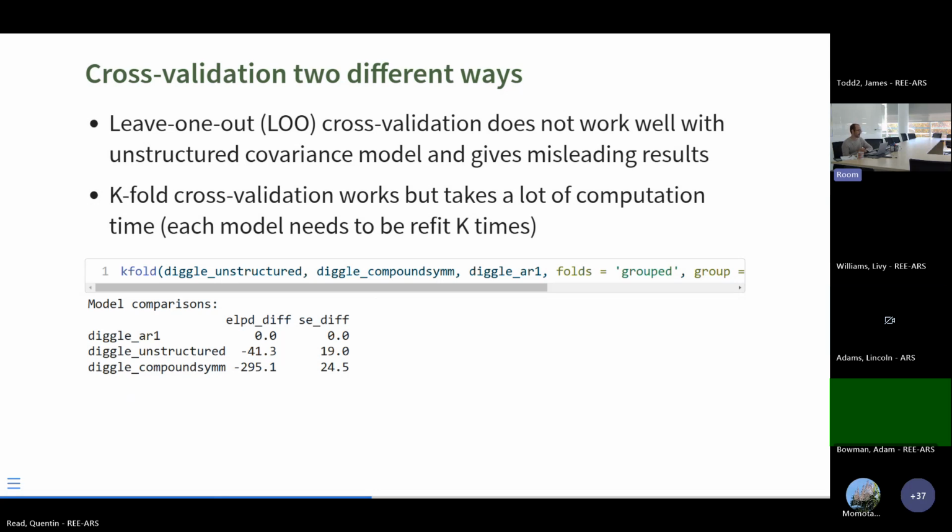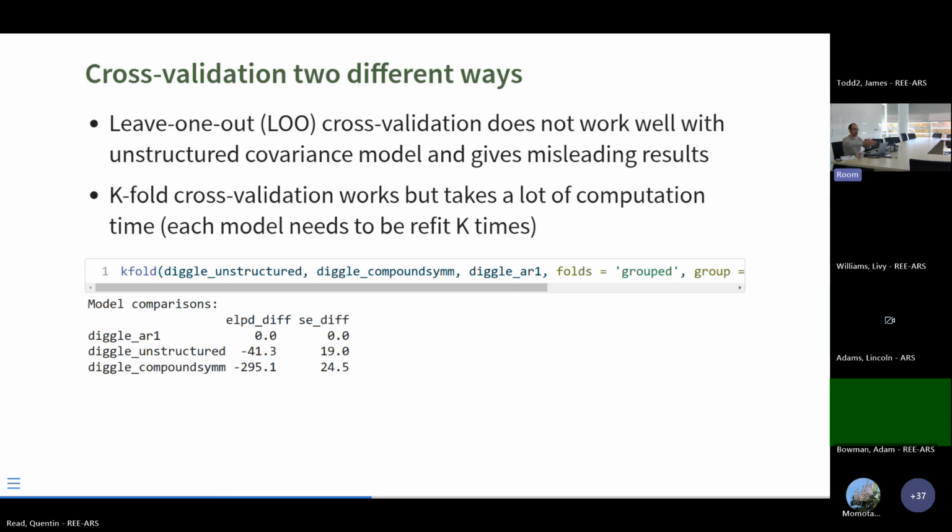The reason for that is what k-fold cross-validation means is, let's say you do 10-fold cross-validation. That means 10 times you're going to take 1/10 of the data, hold it aside, fit the model to the other 90% of the data, then predict that 10% that you held out.